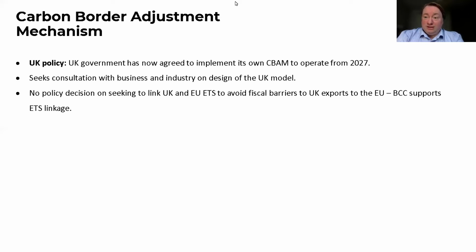So basically, if you want to have the trade, then at this point, without that ETS linkage we talked about, we are required to produce the evidence about how much embedded emissions are in the products that we're seeking to sell into the European market. So it's essential, really compulsory, in order to keep our market share for the products with our EU customers.